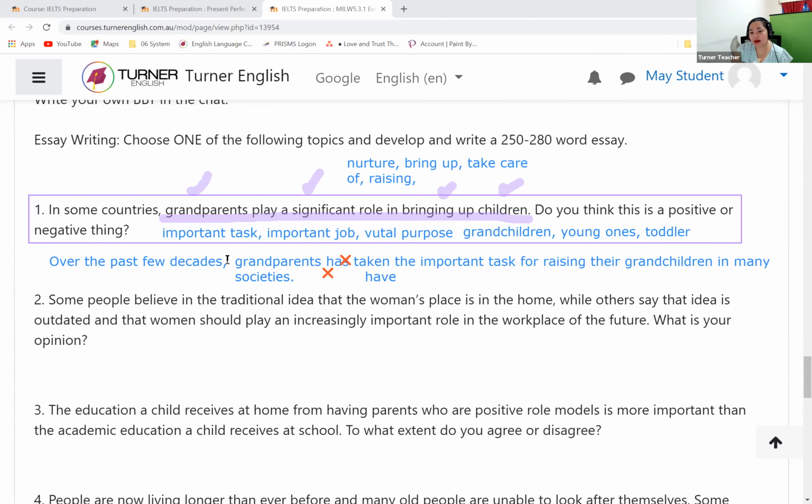You can use over the past few decades or over the past few years. Try to write your own. Maybe over the last 2 decades, or in this modern society.